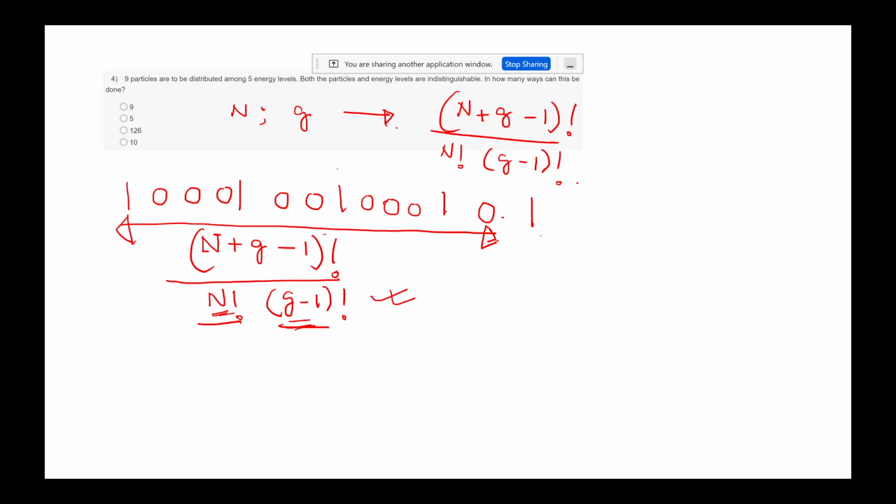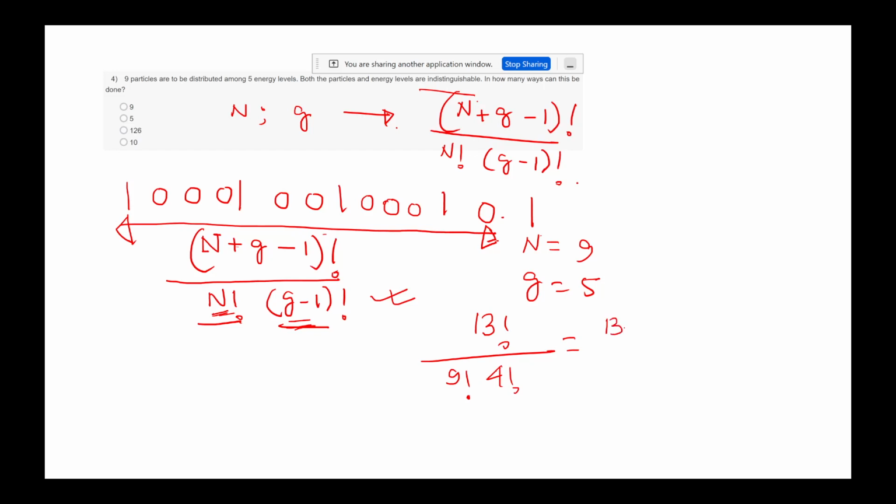Now this is the same thing. All the things are indistinguishable, so BE statistics will follow. So now n is 9, g is 5. So that will be 13 factorial divided by 9 factorial divided by 4 factorial.